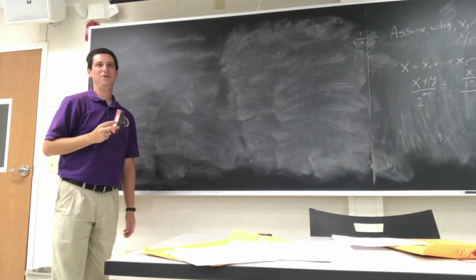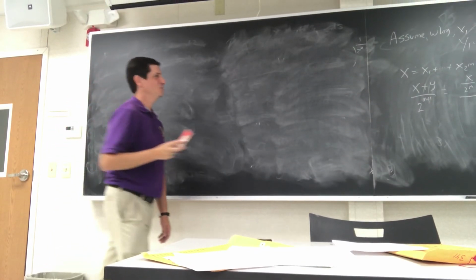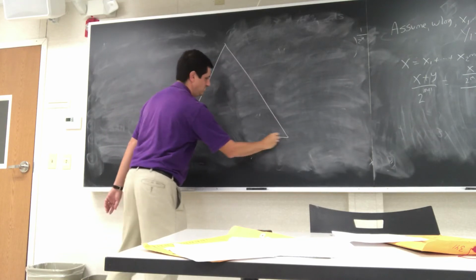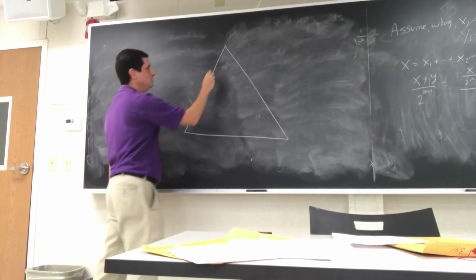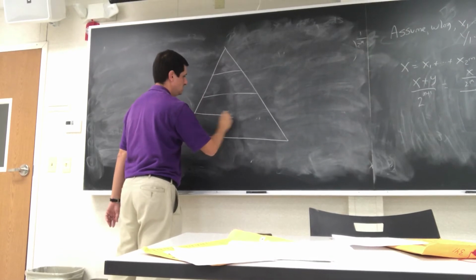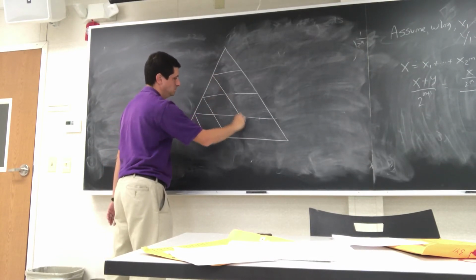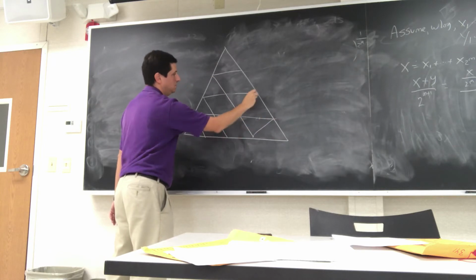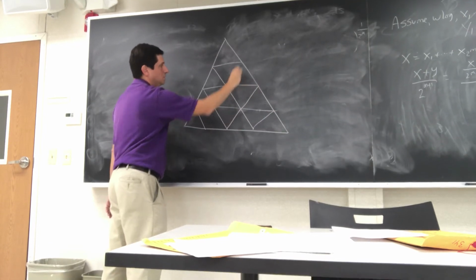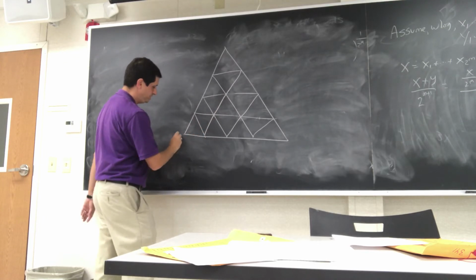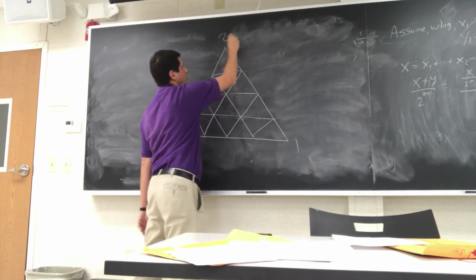Do you want to play the triangle game? Sure. Triangle game is a fun game. So the way it works is the following. I draw a large triangle, and then I'll break it up into smaller triangles. And I put a 0, a 1, and a 2 here.